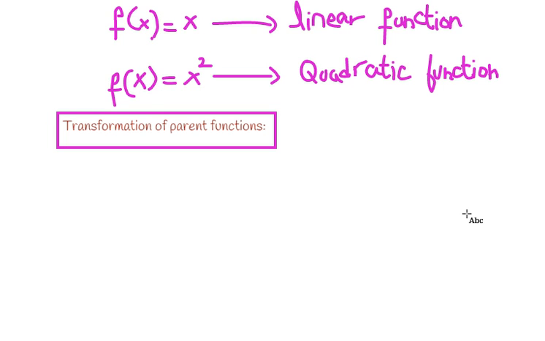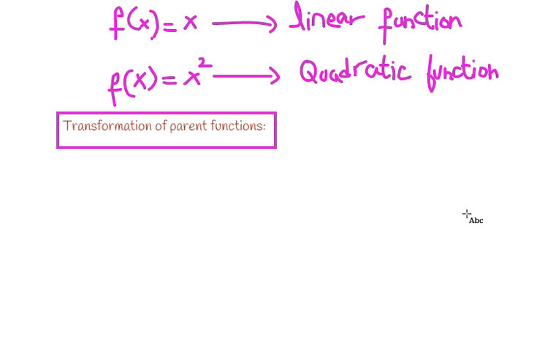Whenever a function is transformed, you can translate it, reflect it, stretch it, or do any transformation on the parent function.